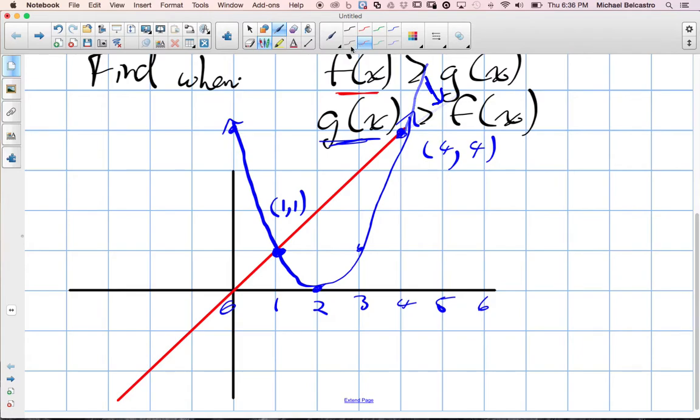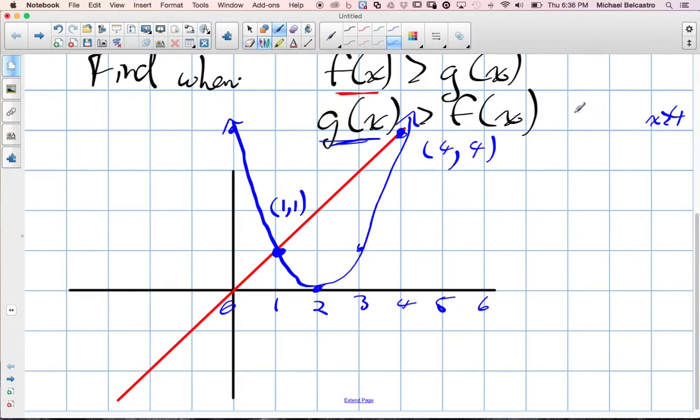It would never be x is less than or equal to in this case, because when it's equal, they're actually both equal. It's neither greater nor less than. So in this case, we'd say g at x is greater when x is greater than 4, and when our x value is less than 1.